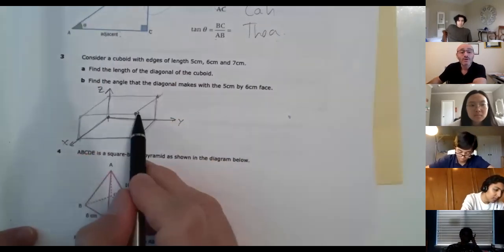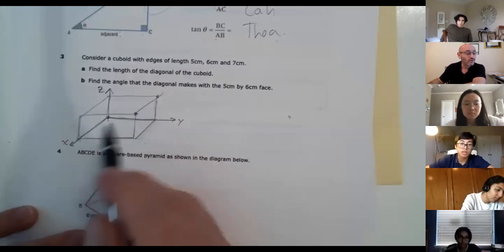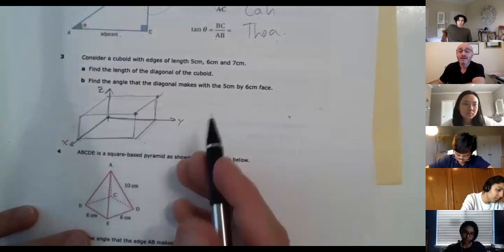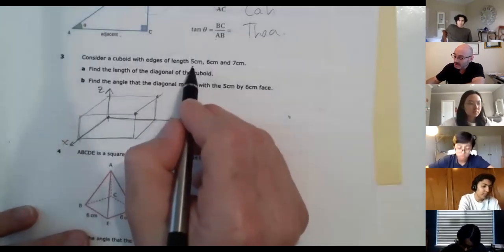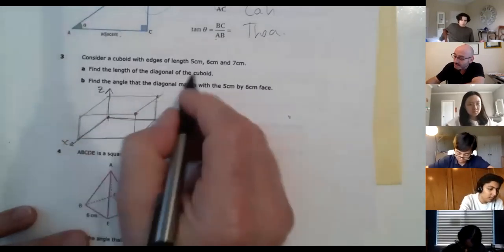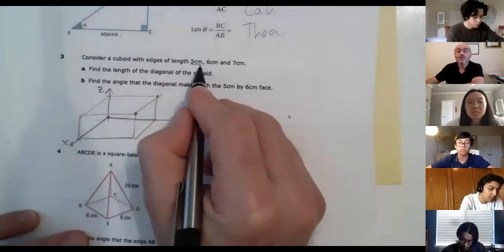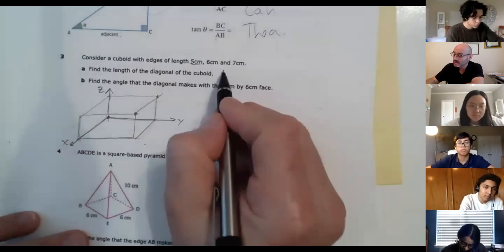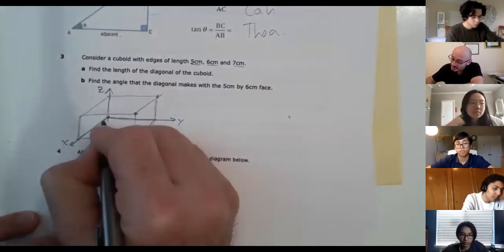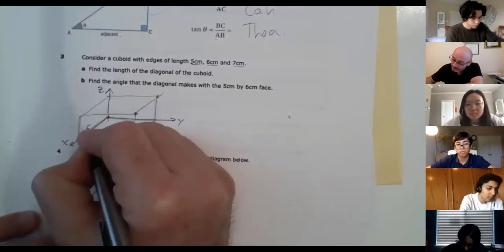So what are the coordinates of this particular point? When we work in 3 dimensions, we follow the order in which the coordinates are given. If this is the x-axis, then 5 is the first component on the x-axis, 6 is on the y, and 7 is on the z. So this piece here is 5.